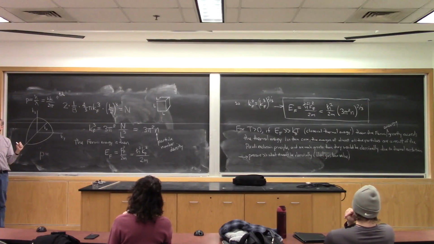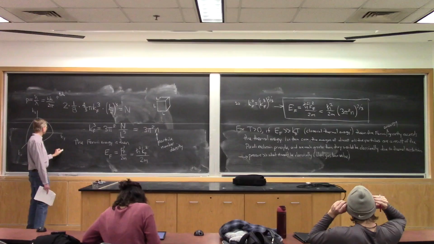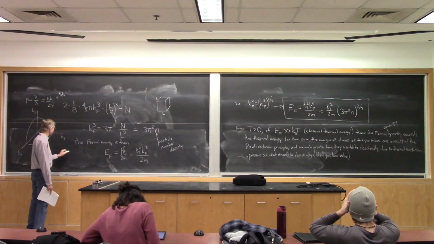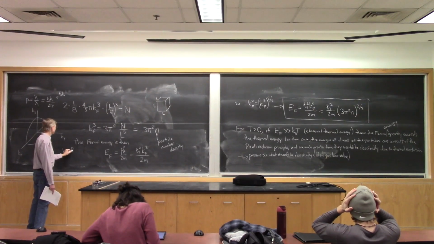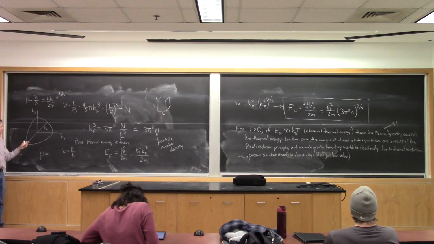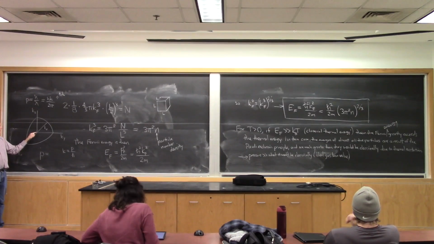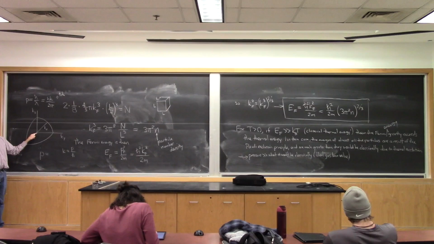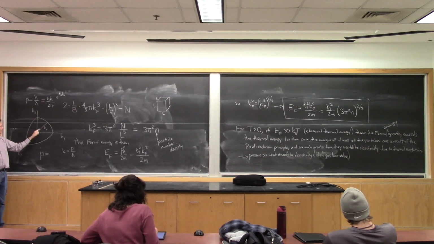Classically, a particle's momentum can be anything you want. And so classically, we could just define k to be the particle's momentum over h bar. They're not confined to the grid anymore, but we can still plot them in k space by defining k to be p over h bar.